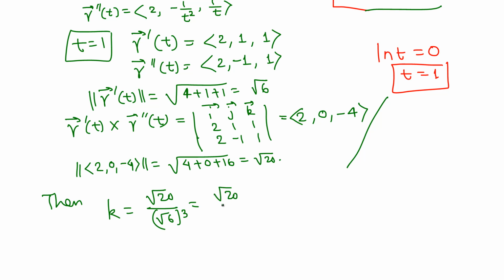If we keep one copy of root 6 here, and root 6 squared is 6, this is root 20 over 6 root 6. You can simplify the way you like: root 20 is 2 root 5, so root 10 on the top. If you like you can go further, but I'm going to leave it here, and that's the final answer. Okay, root 10 over 6 root 3.